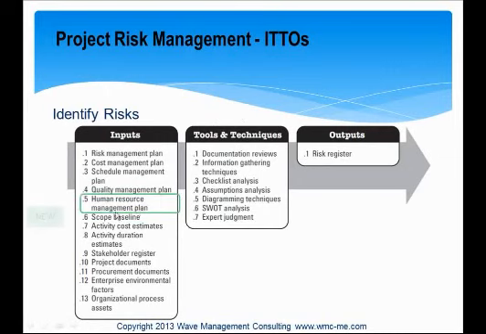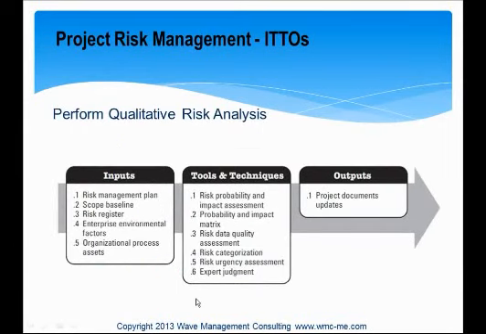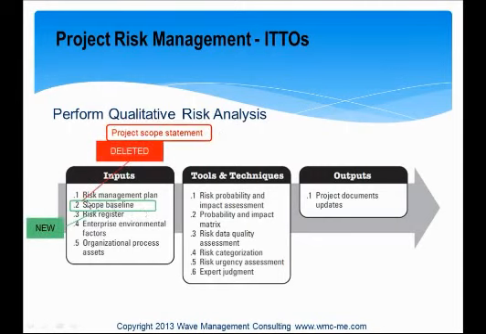Identify risks. Human resource management plan is a new input, as well as procurement documents. Perform qualitative risk analysis. Scope baseline is a new input which replaced project scope statement. Again, guys, scope baseline contains the project scope statement, and it also contains the WBS and WBS dictionary.